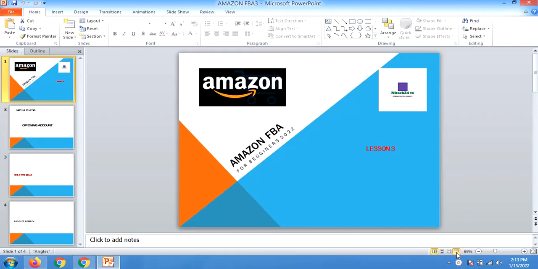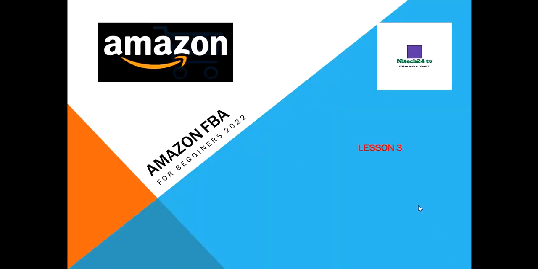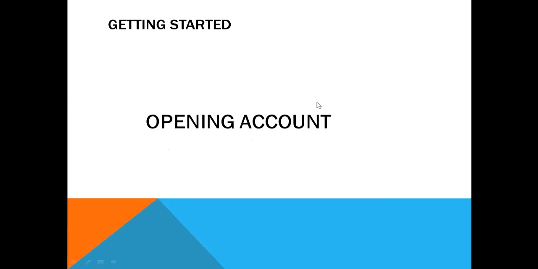As you know, Amazon FBA lesson 1 is all about the introduction to Amazon FBA, why we sell on Amazon, the importance of selling on Amazon, and the market trends on selling on Amazon. Today we are going to see how we are going to start.